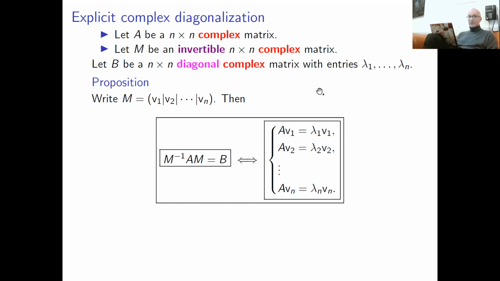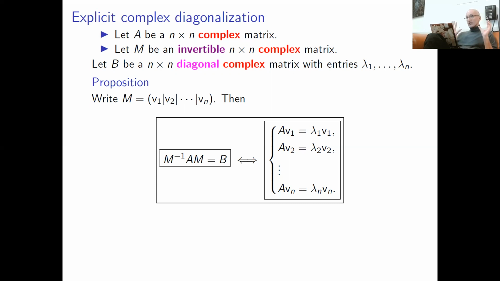Yeah, this gives you a recipe for how to diagonalize matrix A. First, you find the eigenvalues, exactly n, maybe repeated. Then for each eigenvalue, you try to find eigenvectors. And if you have repeated eigenvalues, you have to be sure that these eigenvectors are linearly independent.